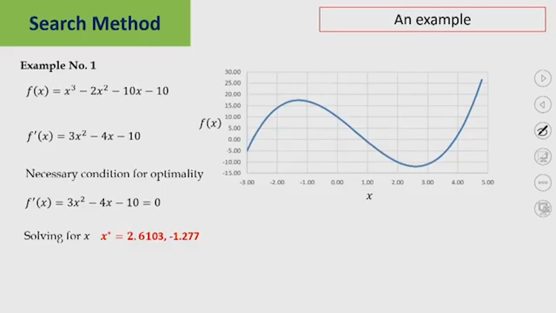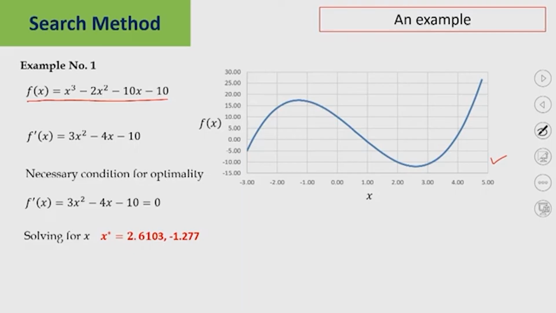Let us take this particular function: f of x equals x cube minus twice x square minus 10 x minus 10. This is a very simple function and I can plot it. This is the plot, and by looking at it you can guess that there are two optimal solutions between minus 3 and plus 5.